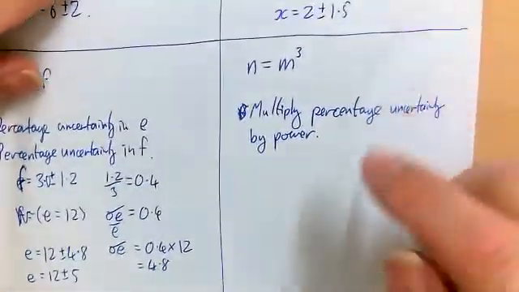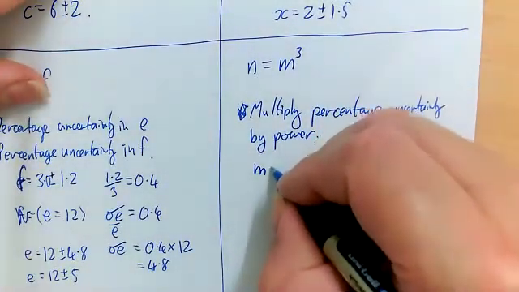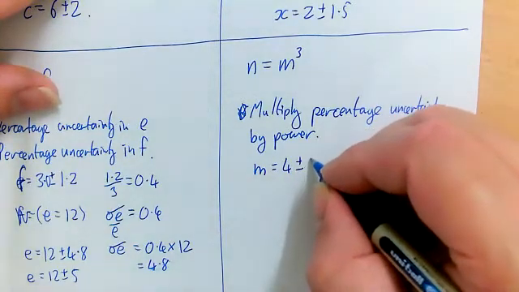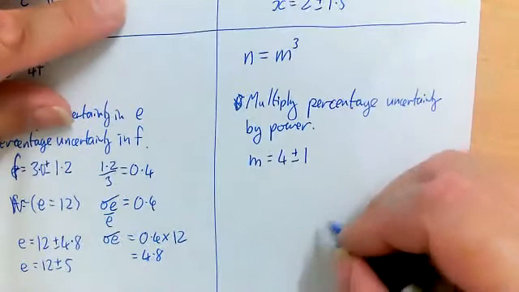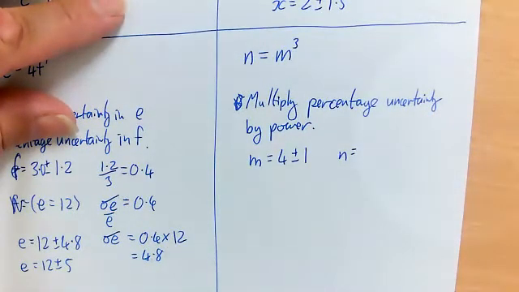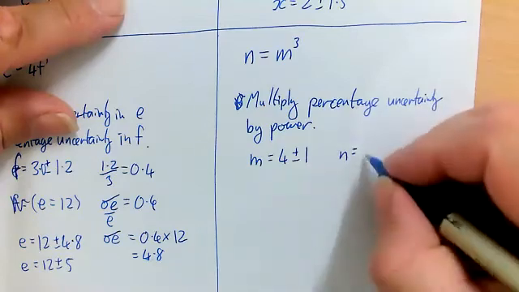Similarly here, if you've got a value to the power of 3, I think it becomes pretty obvious now. If we said that M was 4 plus or minus 1, we'd know that N was 4 cubed, which I'd have to work out, 64.